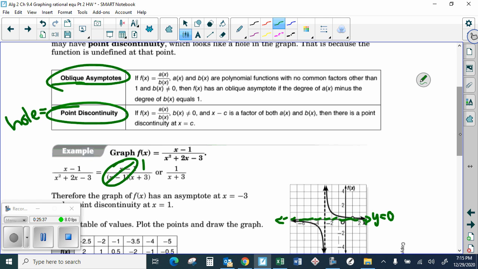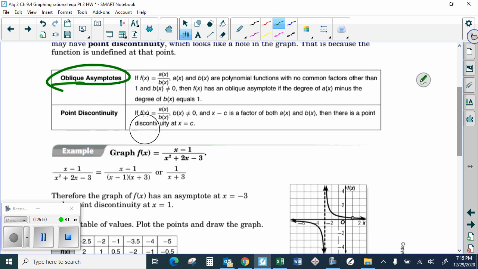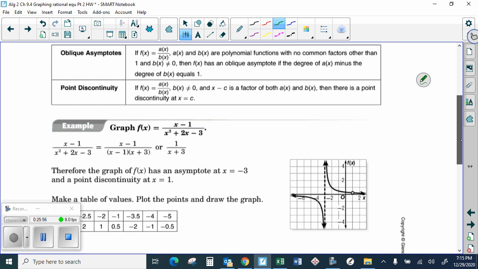And I have a hole at 1, so when I graph it at x equals 1, make sure I put a hole in there. I see that hole. The graphing calculator cannot show that. It's too small. There are certain times, if you put the right dimensions in, that you might be able to see it, but oftentimes you can't.